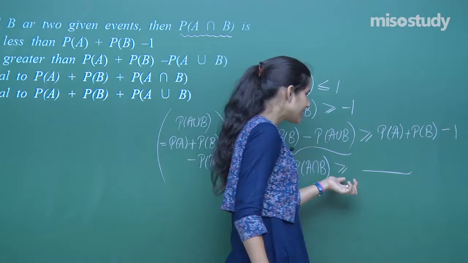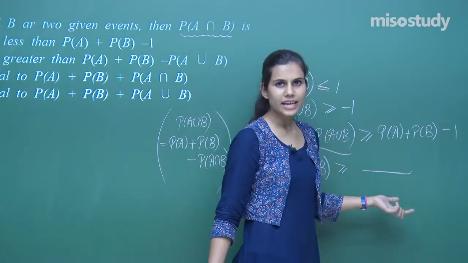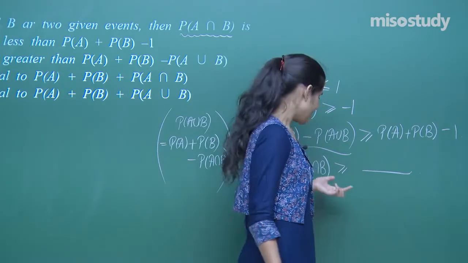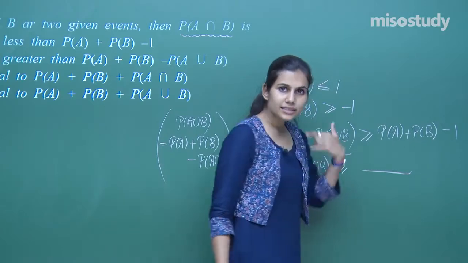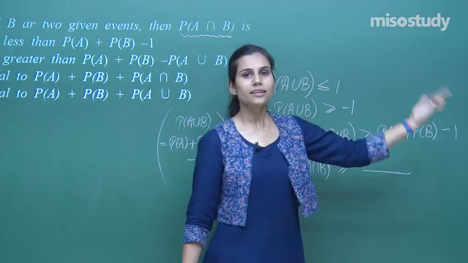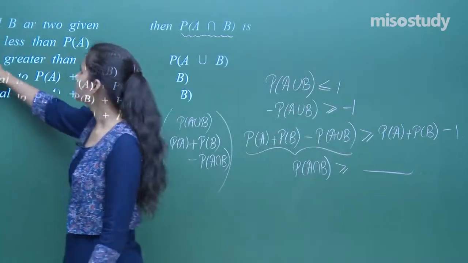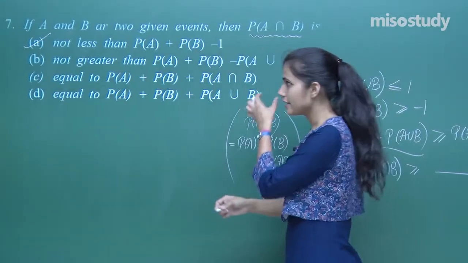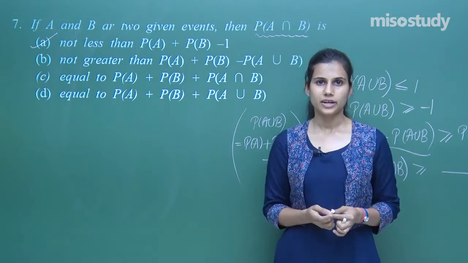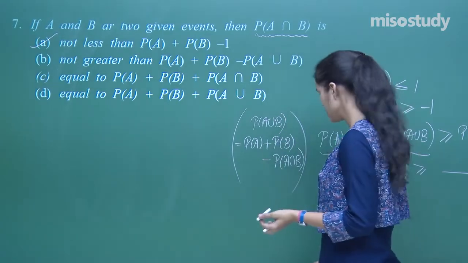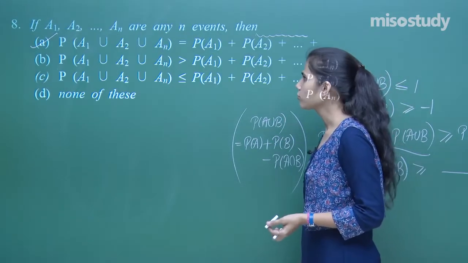If this term is greater than or equal to, that means it can never be less than this quantity. A intersection B's probability is always either equal to the right hand side or greater than the right hand side, but never less than the right hand side. This is the right hand side, and your answer is that this probability of A intersection B can never be less than this particular right hand side. Cool enough? Just a conceptual, very conceptual question.